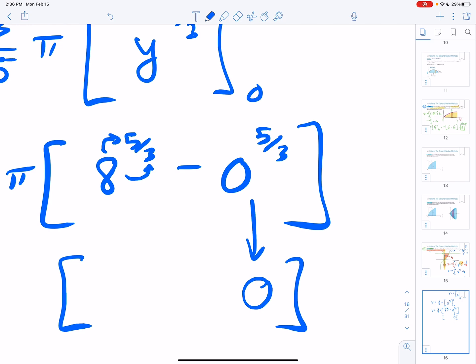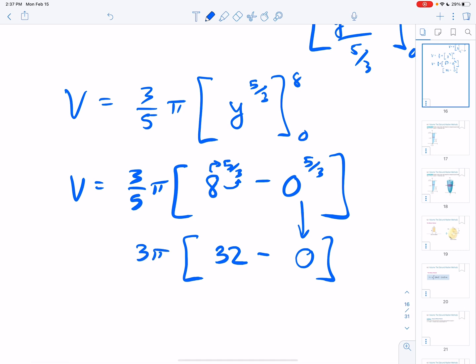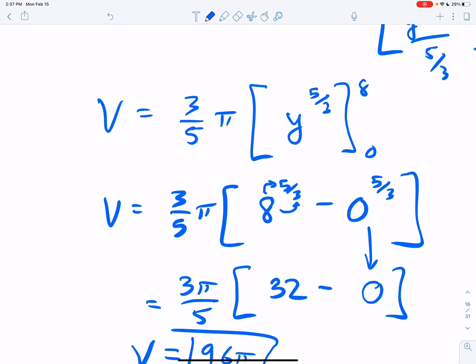So the cube root of 8 is 2, and 2 to the 5th power is 32. 2, 4, 8, 16, yes, 32. And then whatever that comes out to, right? 96 pi over 5, which is how much material you need to build this object.